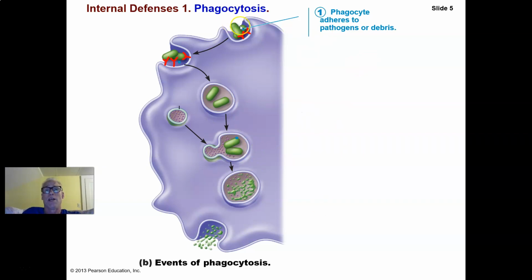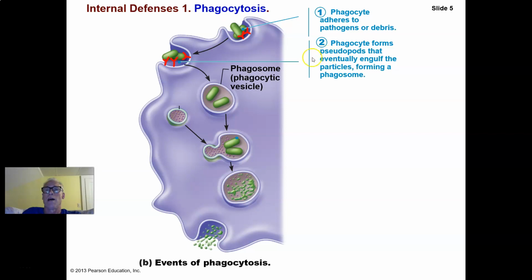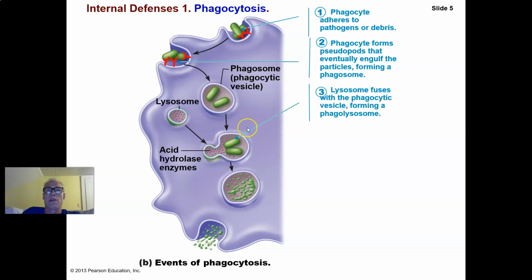Here's a macrophage, and it has some receptors, as we said, Toll-like receptors, that can recognize the pattern of chemicals on the surface of bacteria that looks nothing like anything on any of our cells. Once it can recognize and grab the bacterium, it can surround and engulf it and form a vesicle called a phagosome, and then fuse that phagosome with a lysosome.